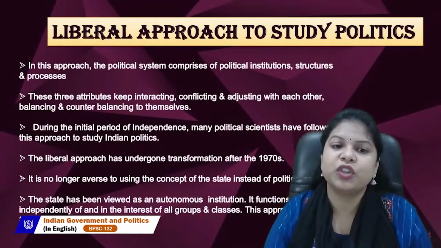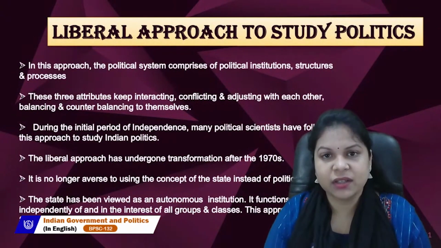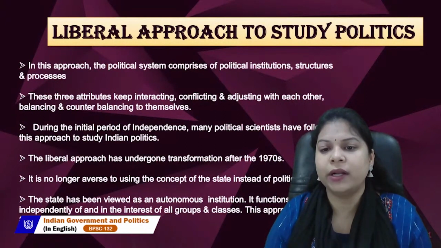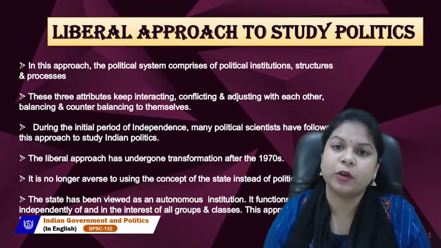So in this approach, the political system comprises of political institutions, structures, and processes. So with the term political system, it says that how the political institutions are running, what are the structures, and what are their processes.